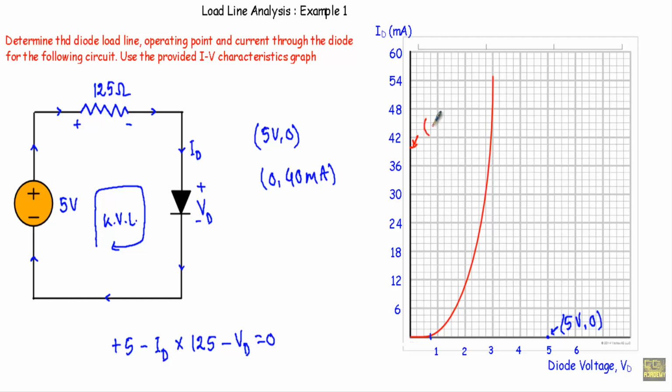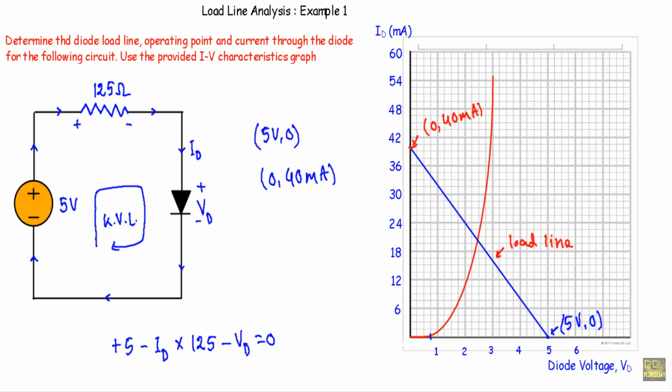This will have a coordinate of (0, 40 milliampere). See, I have total 2 points in the graph. If I connect this point and this point in the graph, I will get our DC load line. Now let me do that. See, if I join this point and this point, I will get our diode load line.